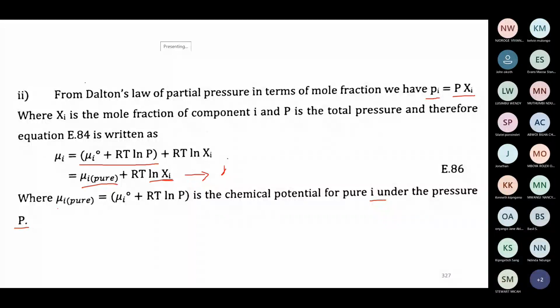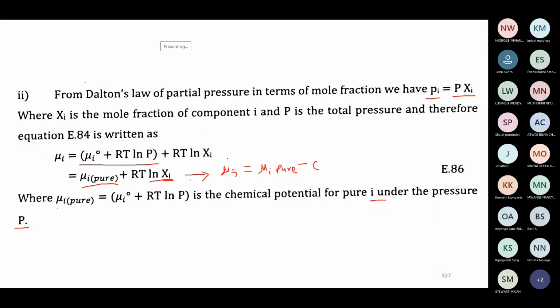So essentially we are saying that mu i equals, pardon my handwriting, mu i for a pure gas minus a quantity, let's call it C. So this is the general expression from our understanding of the ln of Xi.